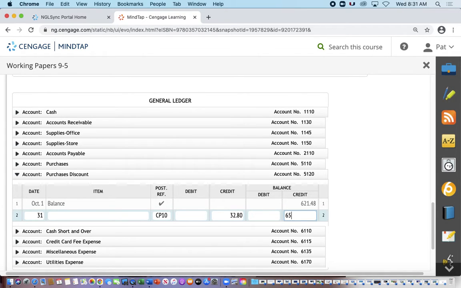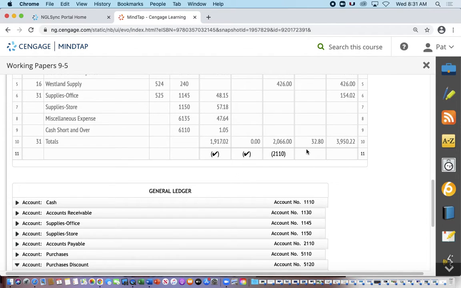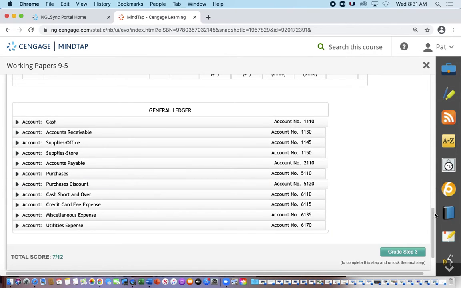We add that to the previous credit. Credit plus a credit equals $654.28. 65428. 5120. 5,120 is our account.